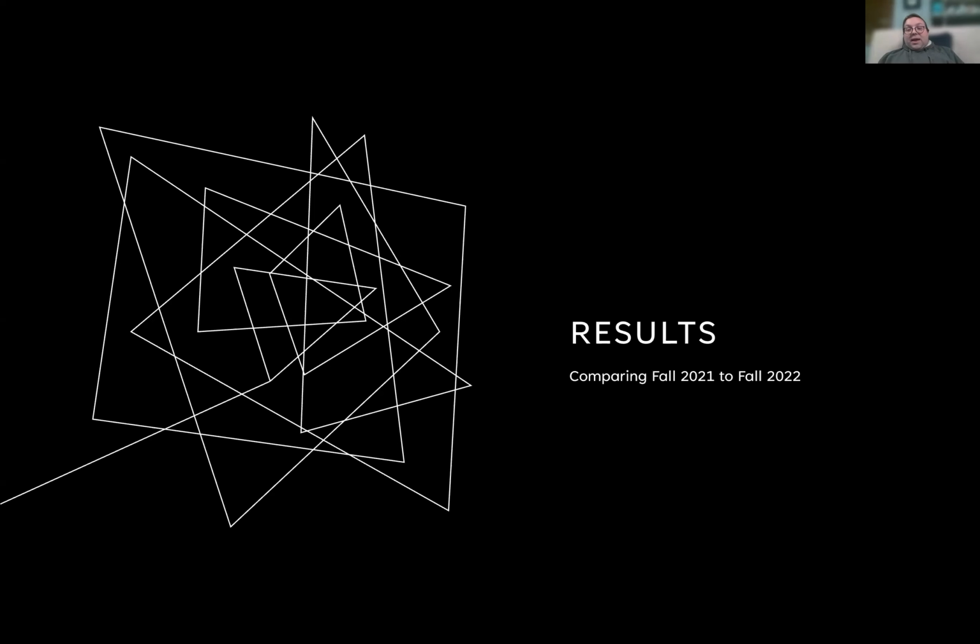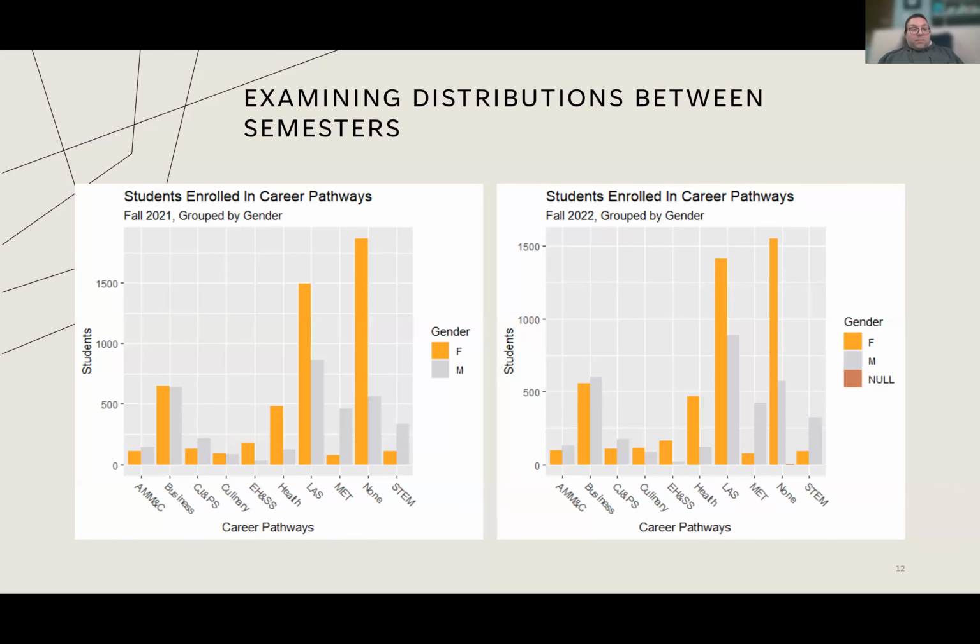For the second part of my analysis, I wanted to compare enrollment between two semesters. So I chose fall of 2021 to fall of 22. And the things that I thought were interesting were that in these two bar graphs, one describing each semester, these are counts of students enrolled in the different career pathways, grouped by gender.